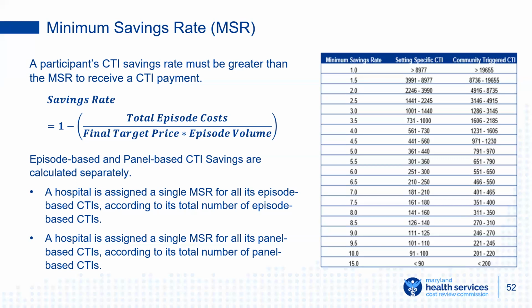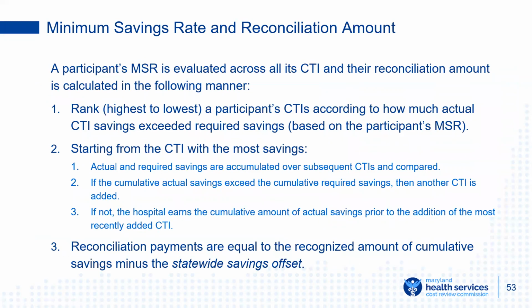Next slide, please. So what we do, after we have all of the final CTI data, is determine what the final MSR for the performance period is. We calculate your final target price and your final payment amounts and determine what the required savings threshold is.